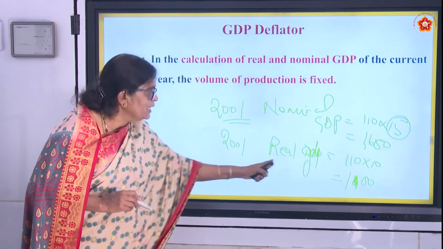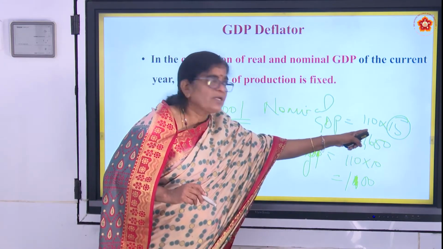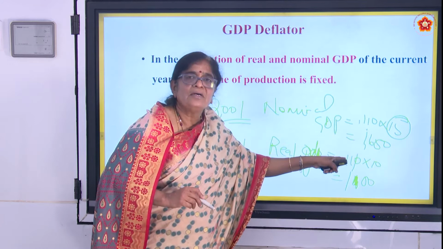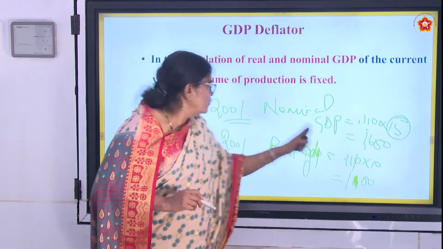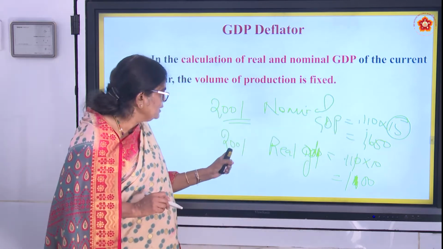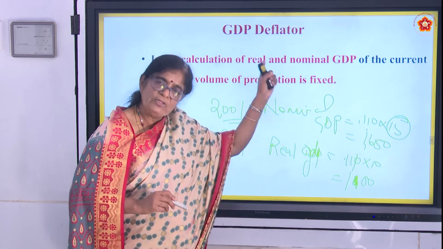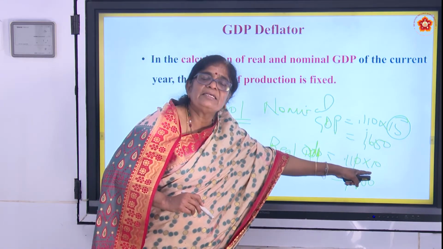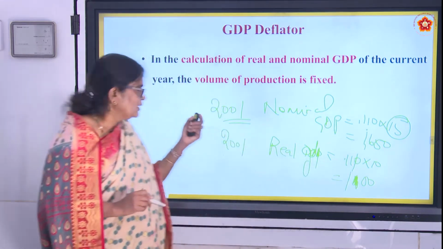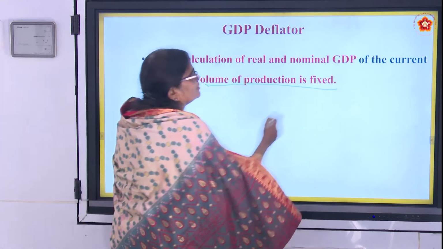For the same year we are calculating the real GDP. We are keeping the same year units of product, both are fixed, but only the price changes. For nominal GDP we use the current year 2001 price. For the real GDP, even though the product is the 2001 product, we use the base year price, taking the year 2000 price as the base year price. That is the difference. Therefore, the volume of production is fixed.